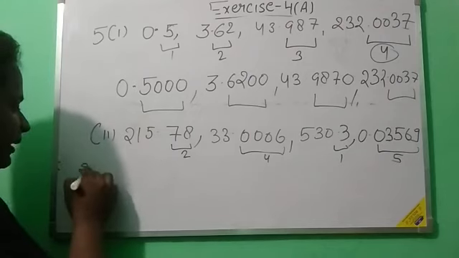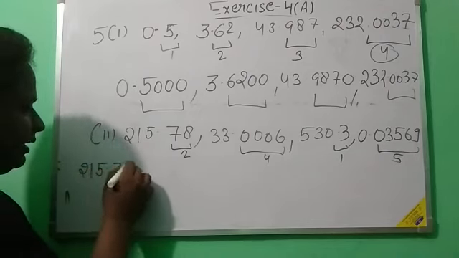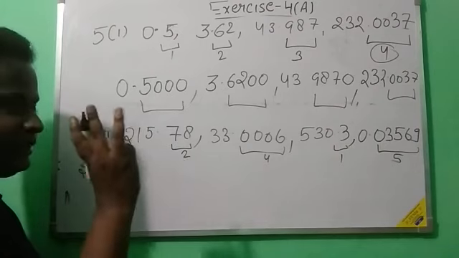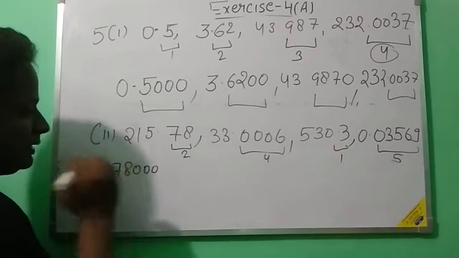So I'll make it as 215.78. यहाँ पर 2 है, कितनी जरूरत पड़ेगी 3 zeros की, तो 0 0 0.